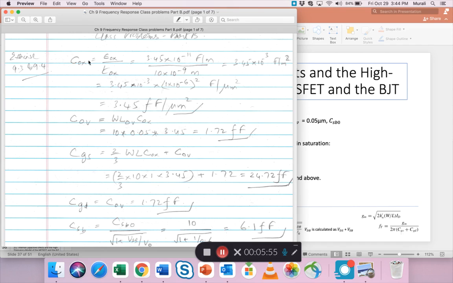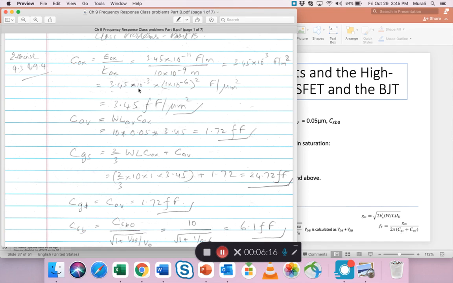So remember, COX, we always use it in our formulas, including this formula, like the ID formula. It is per micrometer square. So make sure you remember that one step. If you forget that, you're going to mess up the answer.